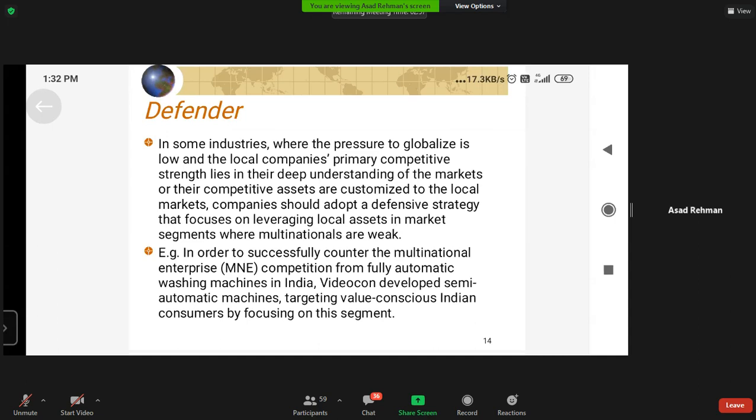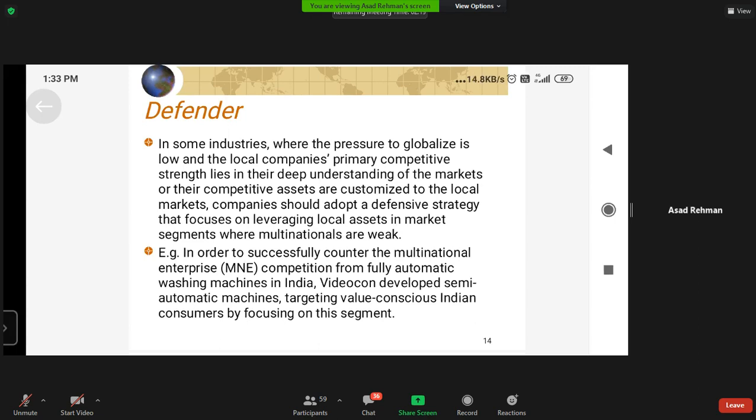So instead of taking the competition head on, Videocon survived in the market by focusing on this value-driven market segment with a semi-automatic washing machine, instead of producing an automatic washing machine, which was not their competence, right?